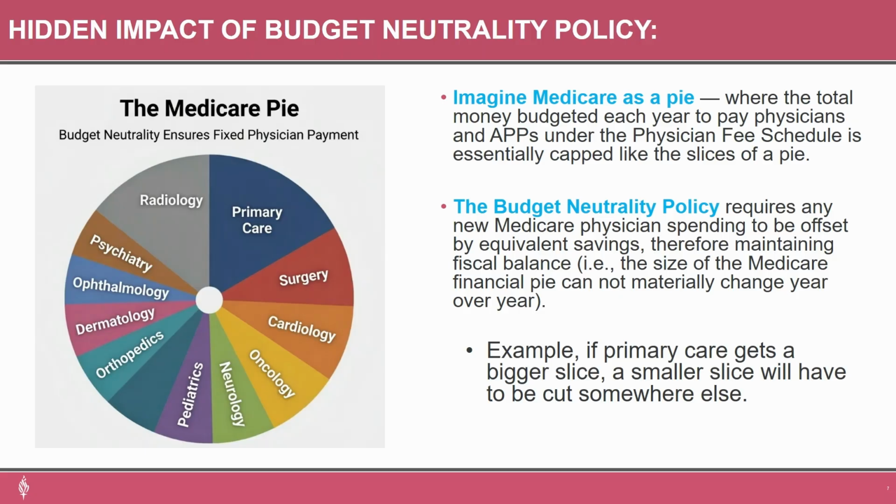Said another way, the size of the Medicare financial pie cannot materially change year over year. An example of this would be if primary care is going to get a bigger slice of the pie, a smaller slice will have to be cut somewhere else.